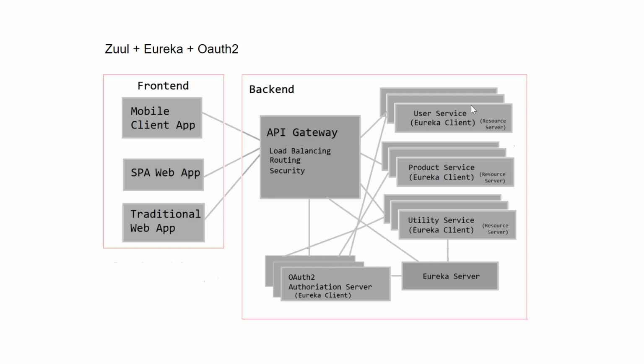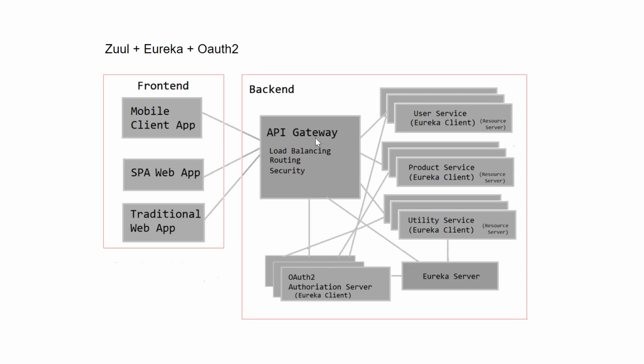So we have to implement the security in the API gateway in such a way that the requests which are authenticated will reach the microservices, and the requests which are not authenticated will be blocked here in the gateway itself. But the request has to reach this OAuth 2 authorization server in order to be authorized.